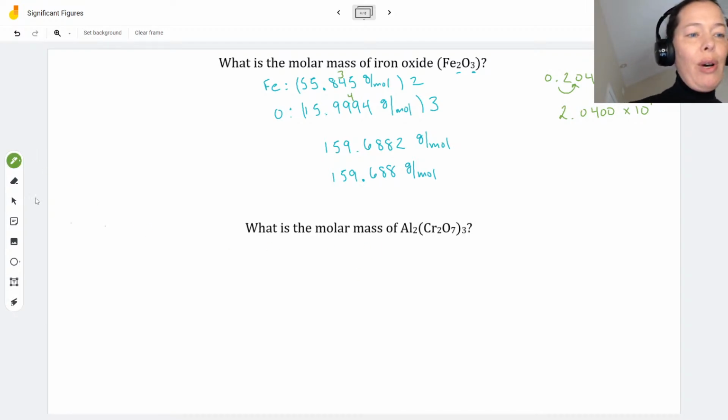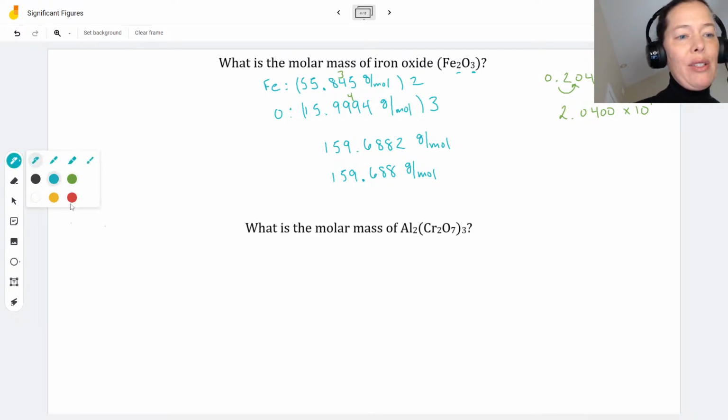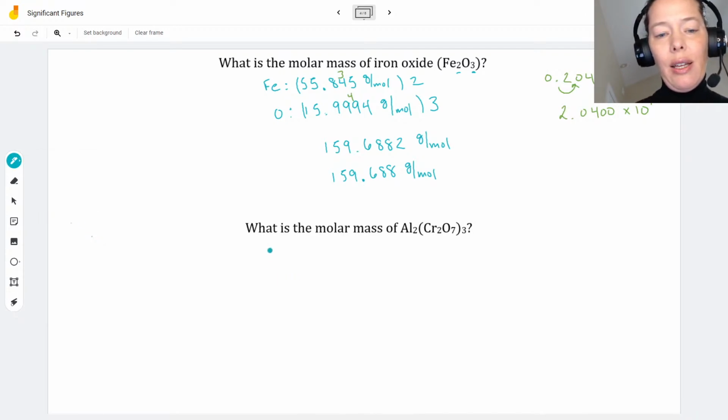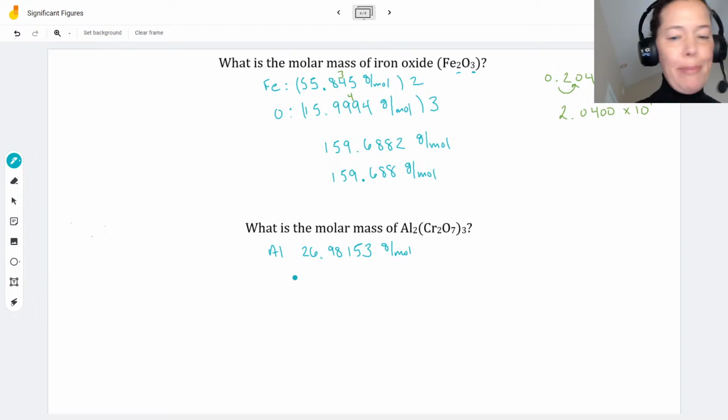All right, so I've got another molar mass question here. Let's get these elemental masses first. Again, this is from my periodic table. Aluminum is 26.98153, and of course that's grams per mole.